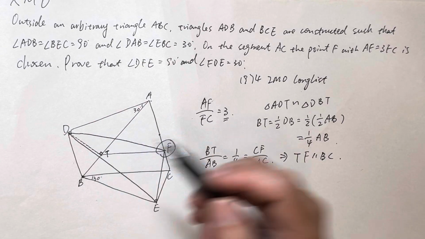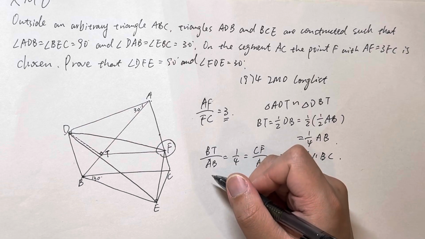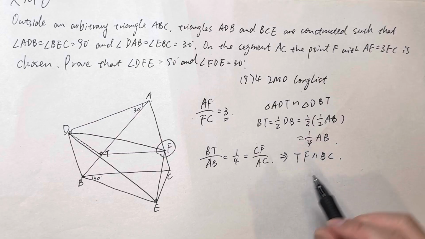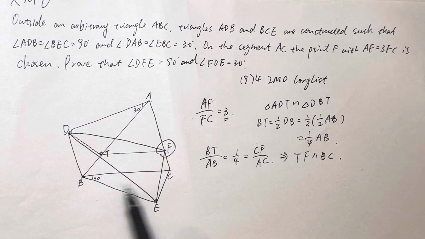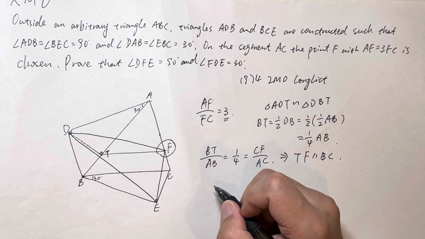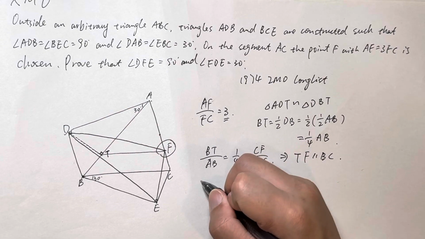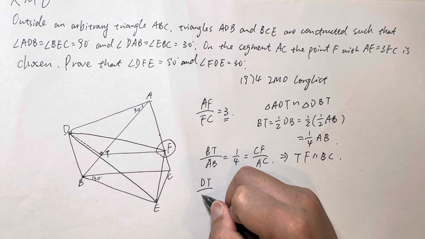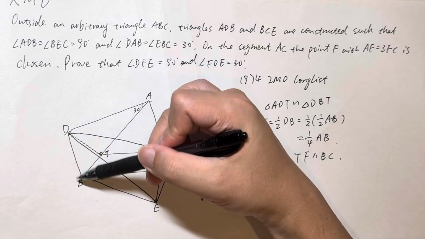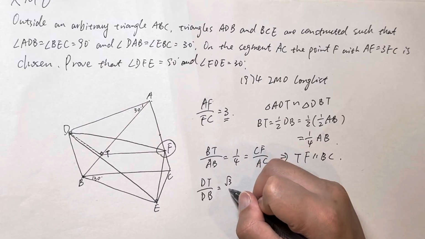Let's see it this way. TF is parallel with BC, and if we calculate DT to DB, DT to DB equals square root 3 to 2.